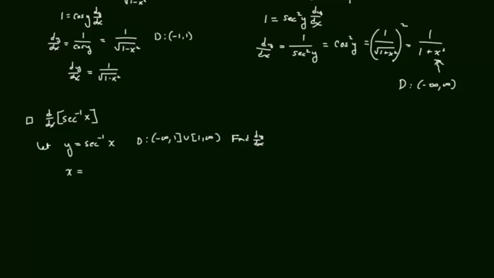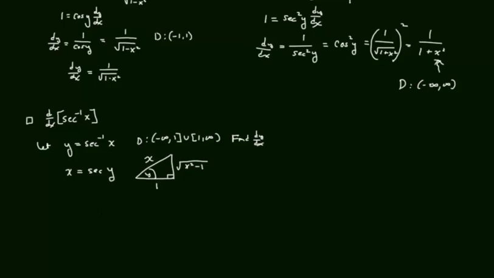First, x equals the secant of y, triangle, angle y. So the secant of y is x, so that becomes x, that becomes 1, and the missing side here is the square root of x squared minus 1.